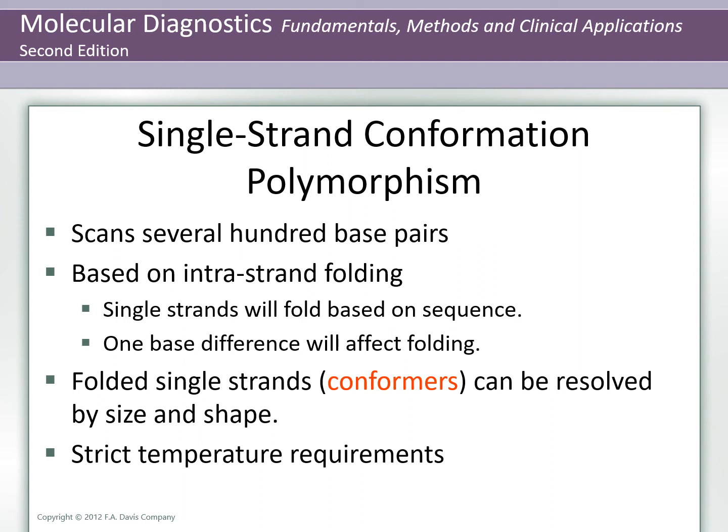A single base difference can cause it to fold differently. The conformers are then subsequently resolved in polyacrylamide gel or by capillary electrophoresis with strict temperature control. The speed of migration depends on the shape and the size of the conformers. SSCP can be sensitive enough to detect mutations in samples containing as low as 5% potentially mutant cells.